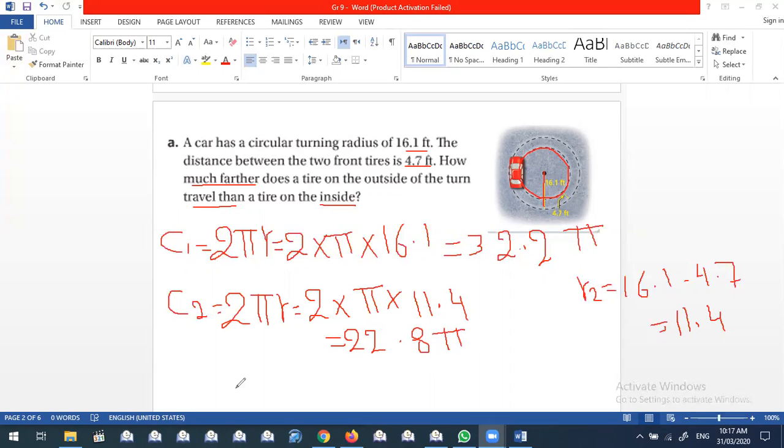How much further means minus, so I'm going to make 32.2 pi minus 22.8 pi. It will be 32.2 minus 22.8. The answer will be 9.4 pi.